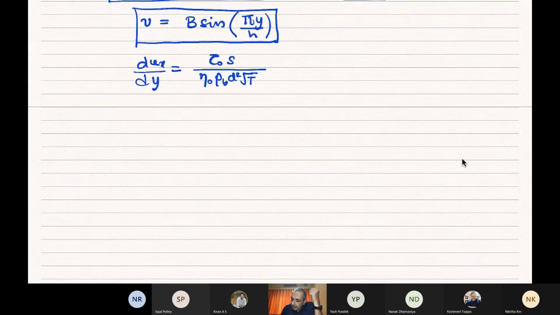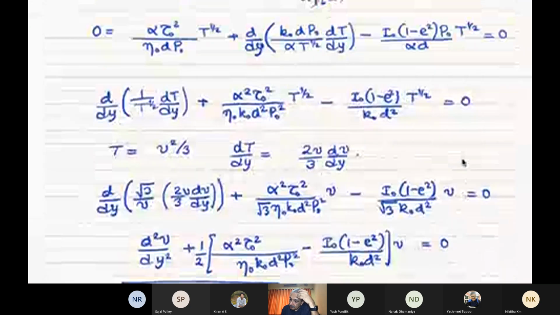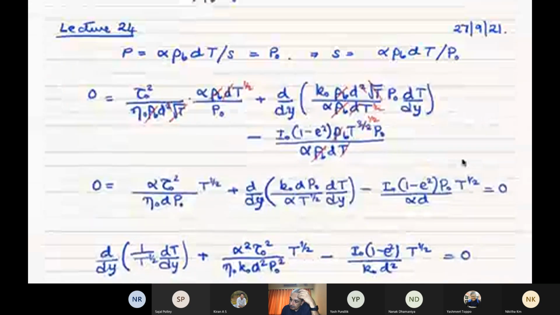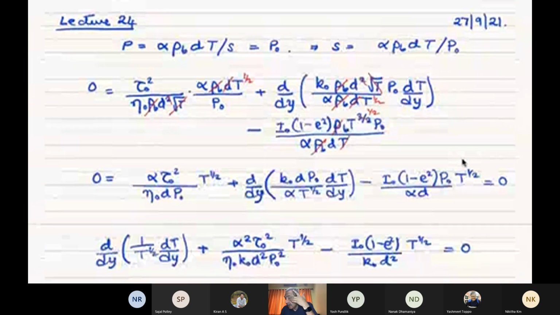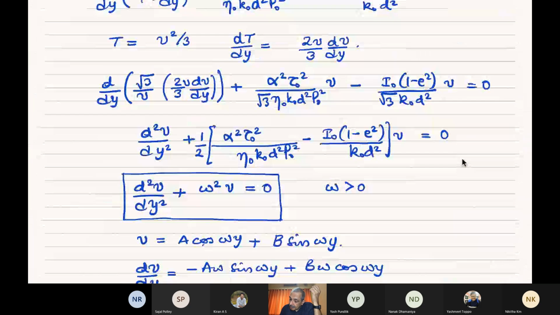Correct? And then we also know that P is equal to alpha. Just above we have found out what is S, so we can use that expression for S. S is given by this alpha rho b dt by P0.